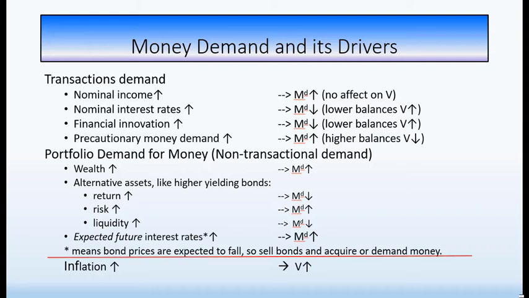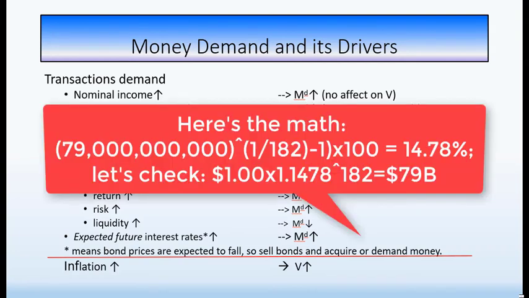So if you take 1.1478, take it to the 182nd power, so let's assume there are 182 days in a half year, subtract 1 and multiply by 100, you'll get 14.78%. So you think, wow, okay, well, that's not too bad, 14.78% per day, but that's just an assumption.